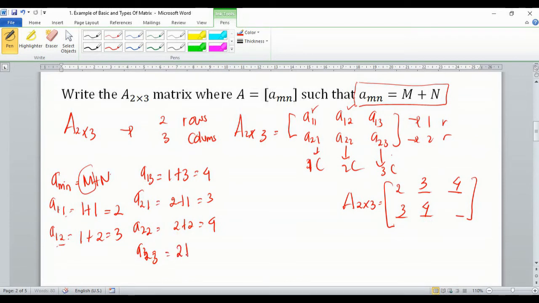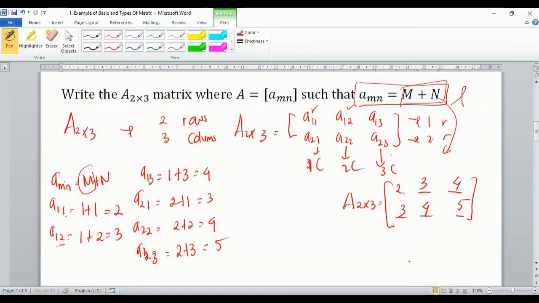A23 is equal to 2 plus 3, equal to 5. Okay, everyone, if this one is a general term, it can be anything. So you must look at this clearly, what the element is in here, to find this value. So from here we get the 2 by 3 matrix: 2, 3, 4, 3, 4, 5.